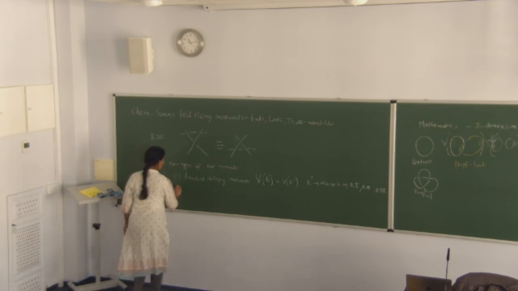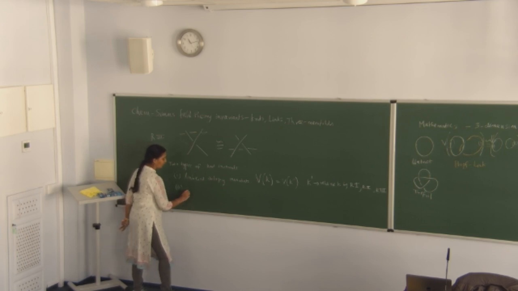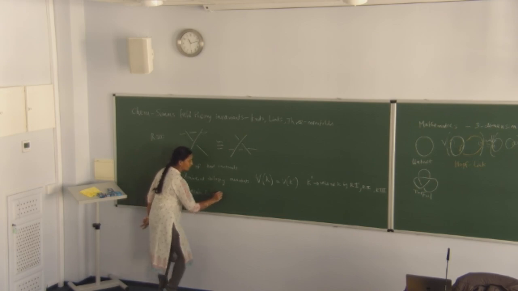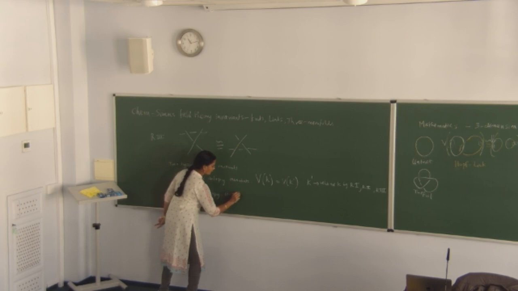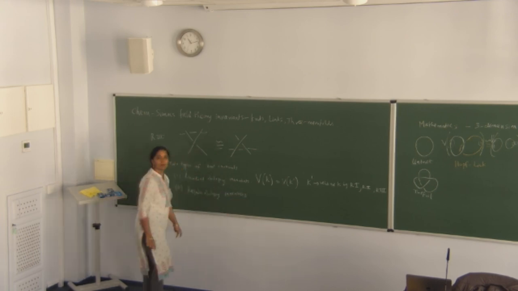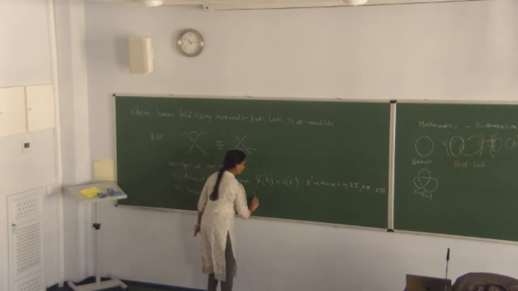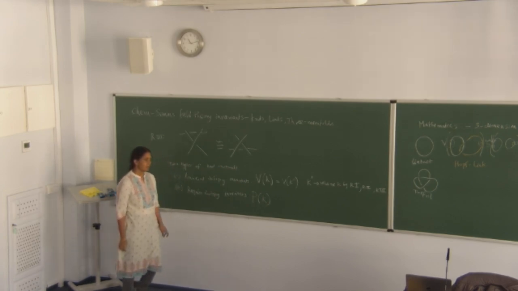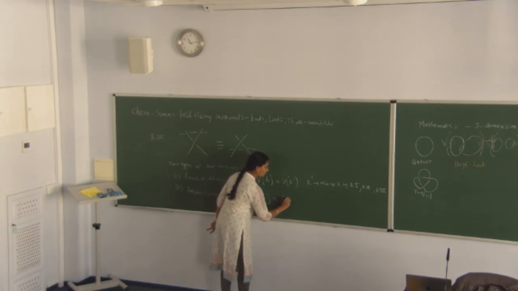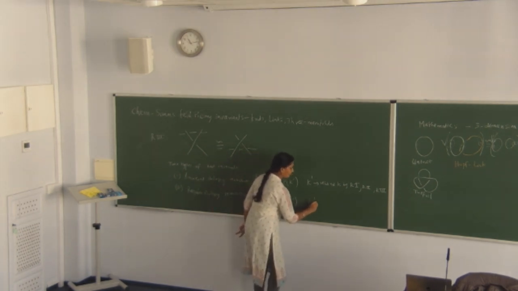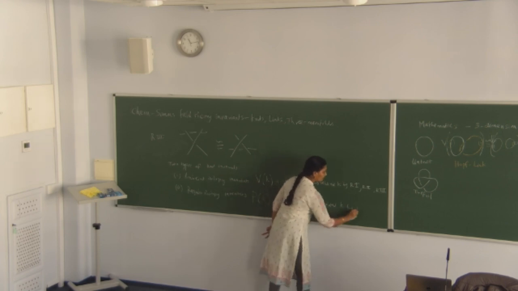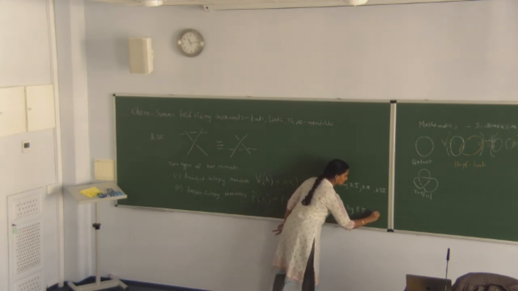There is another class of invariants which are called regular isotopy invariant. Where your V of K, so let me call it by some other symbol, let me call it as P of K, to be equal to P of K prime, where K prime is related to K by only Reidemeister move 2 and Reidemeister move 3.